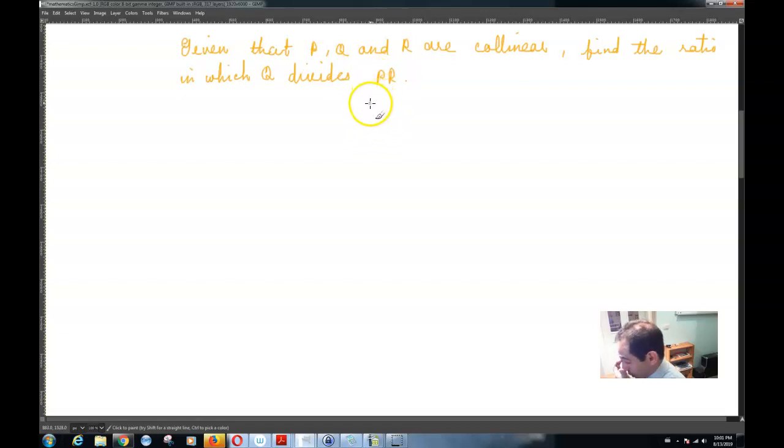And the points that we have are P is basically (3, 2, -4), and Q is (5, 4, -6), and R is basically (9, 8, -10).